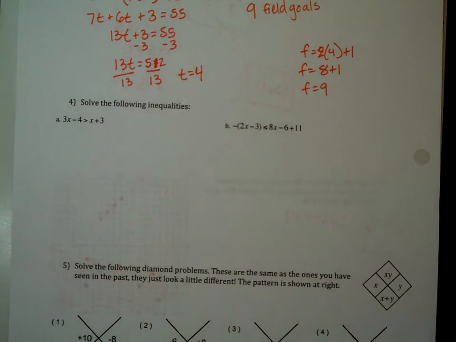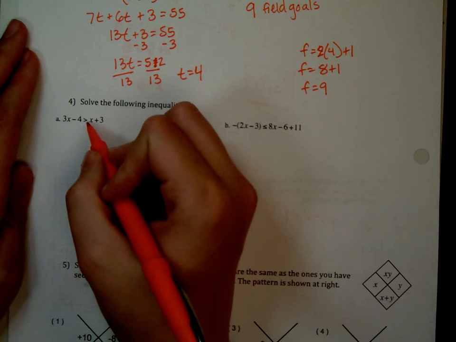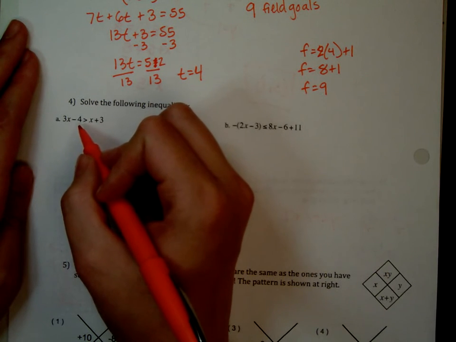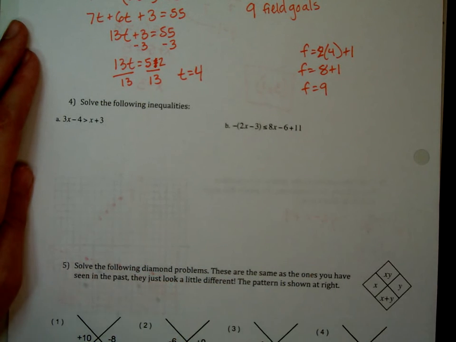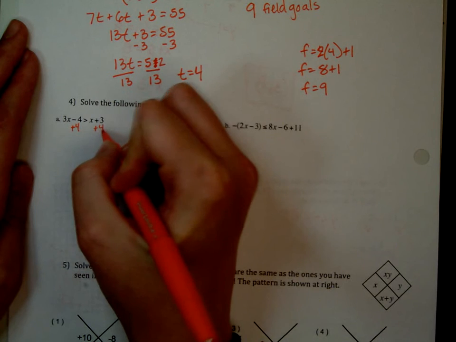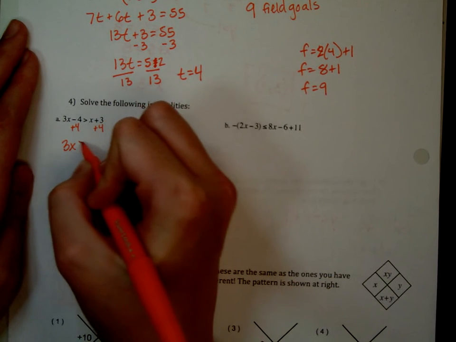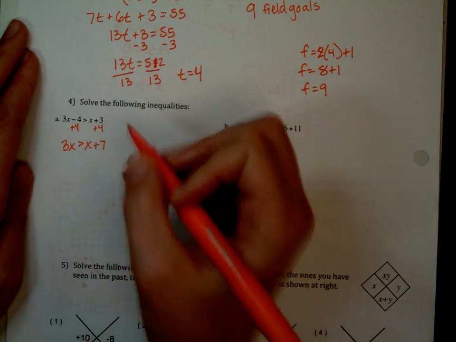Solve the following inequalities. For an inequality, we solve it the same as an equation, except if we divide by a negative or multiply by a negative. We'll talk about that if that comes up. First we'll add 4 to both sides. We get 3x is greater than x plus 7.